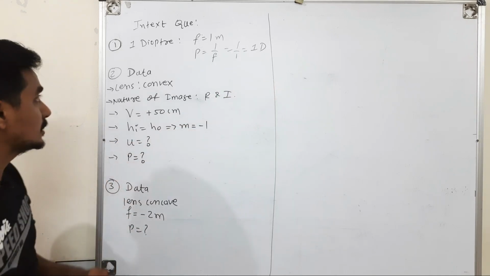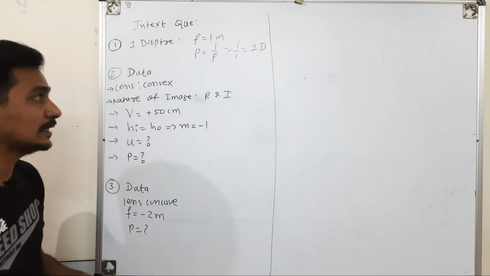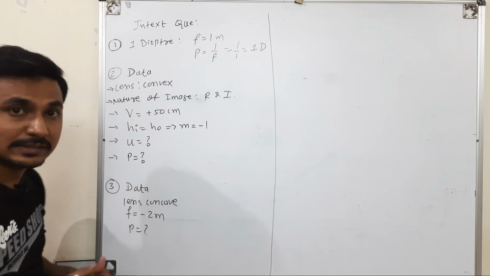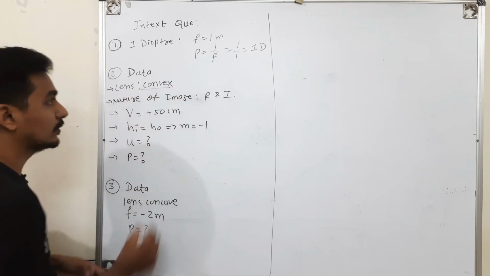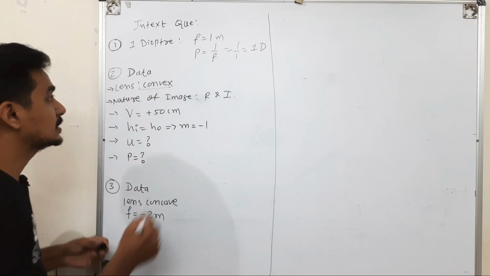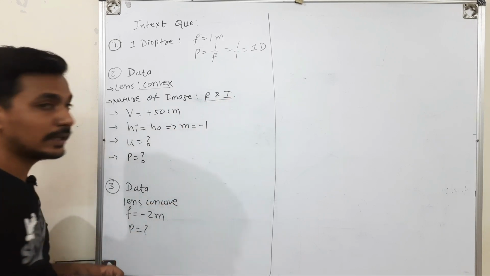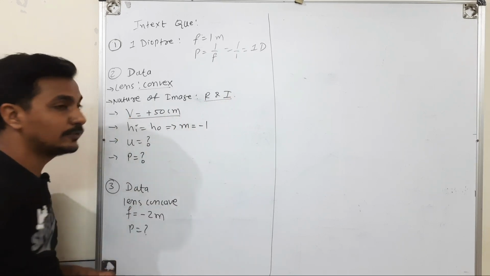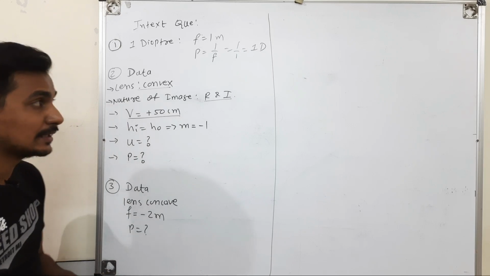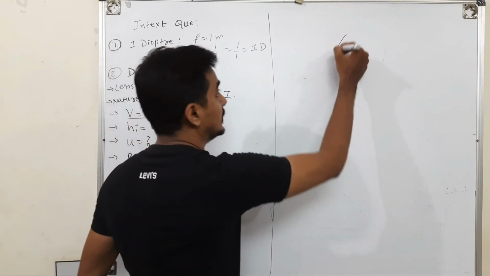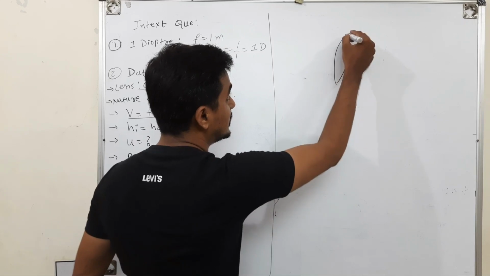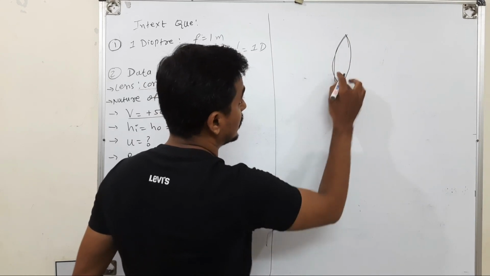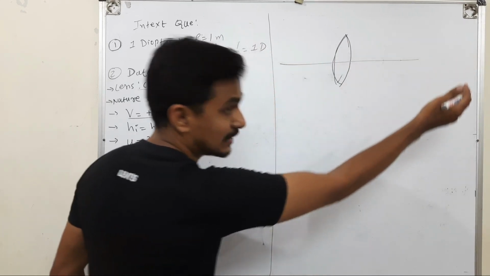In the other question, that is question number 2, it is given that there is a convex lens. So in the data it is given a convex lens which produces a real and inverted image at a distance of 50 centimeter from the lens. See, for the convex lens, the real and inverted images are produced towards the right side, right?